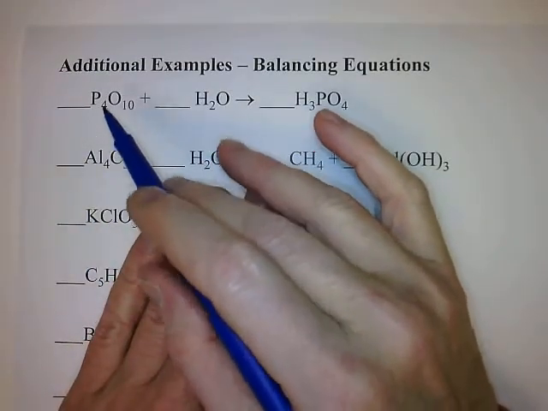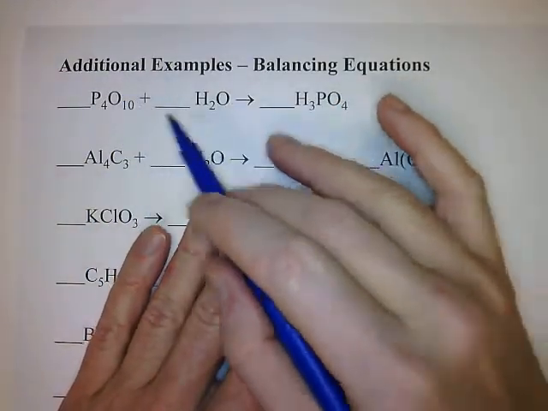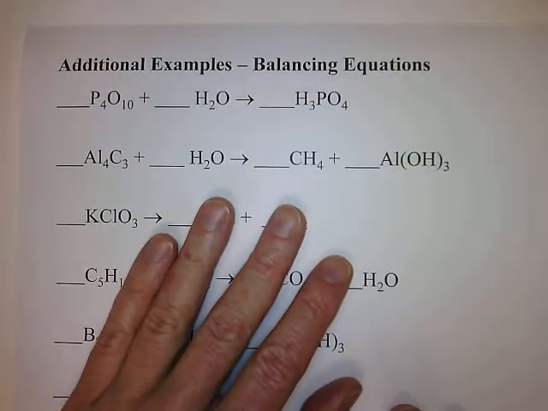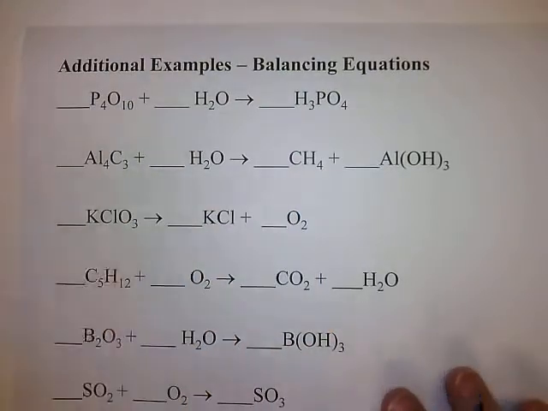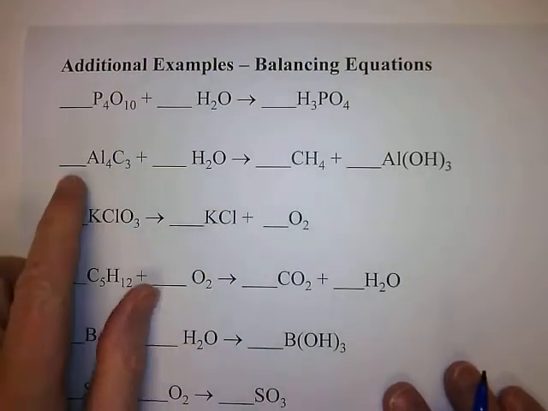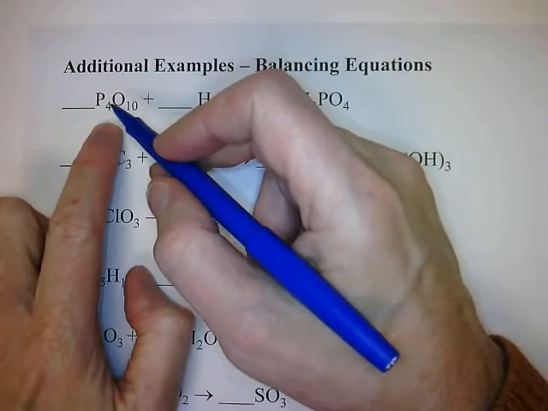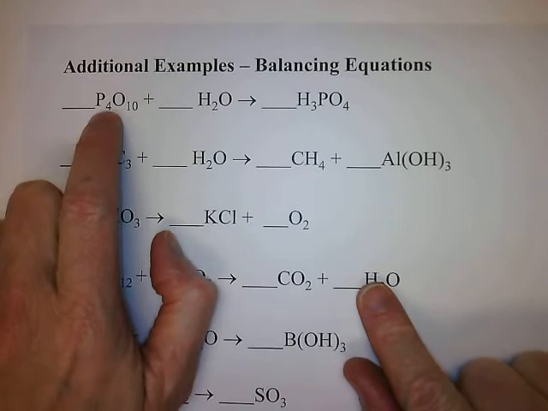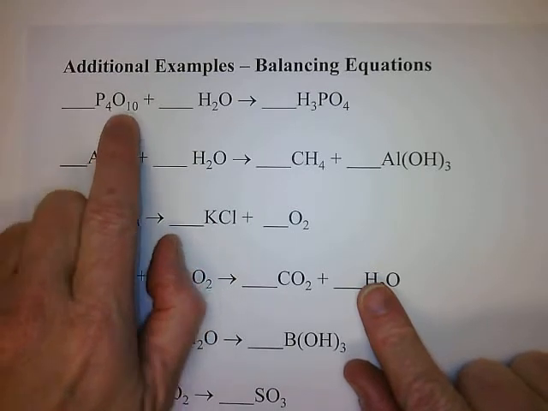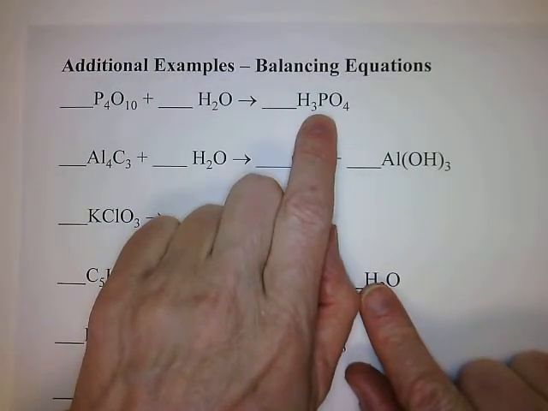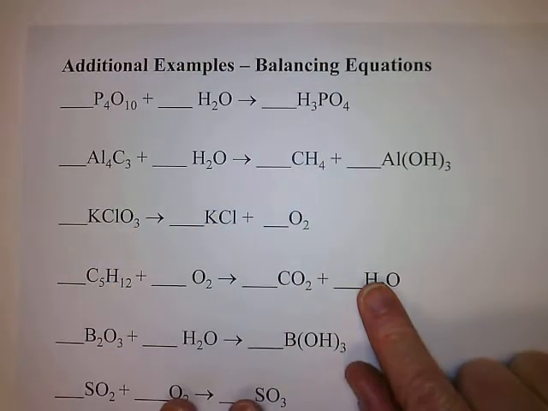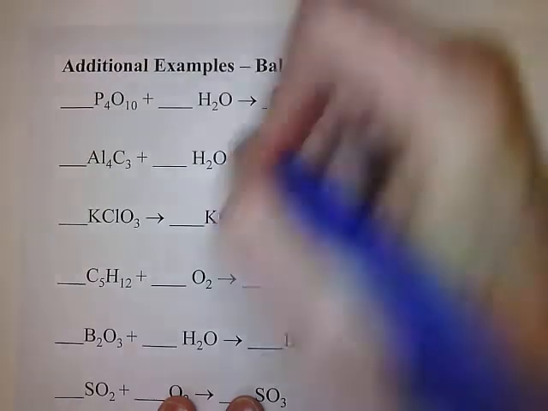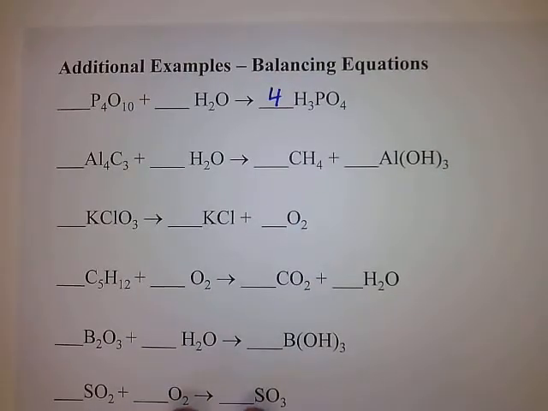So, not combustion rather, but the reaction of phosphorus pentoxide with water produces phosphoric acid. If I were going to balance this, I would start with the phosphorus. You have 4 phosphorus atoms in P4O10, but you only have 1 phosphorus atom in H3PO4. So we would have to put a 4 in front of the H3PO4.